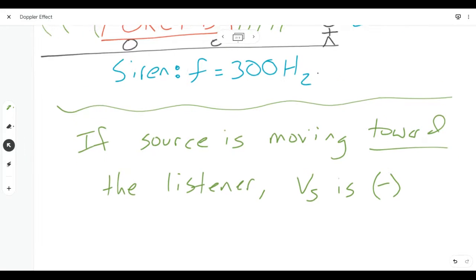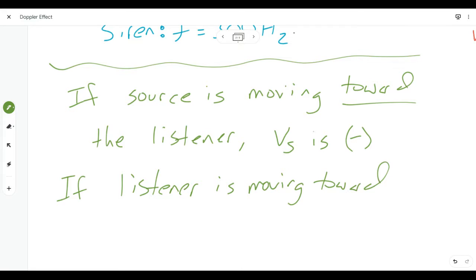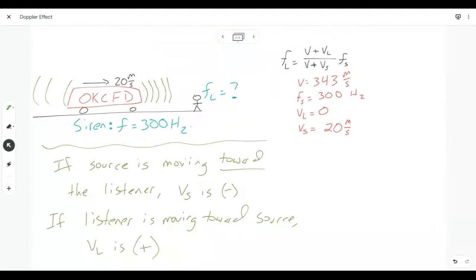Not really, but it's what we're working with, unfortunately. And then here's where it gets even worse. If the listener is moving toward the source, VL is positive. And that is frustrating, but that is the reality.